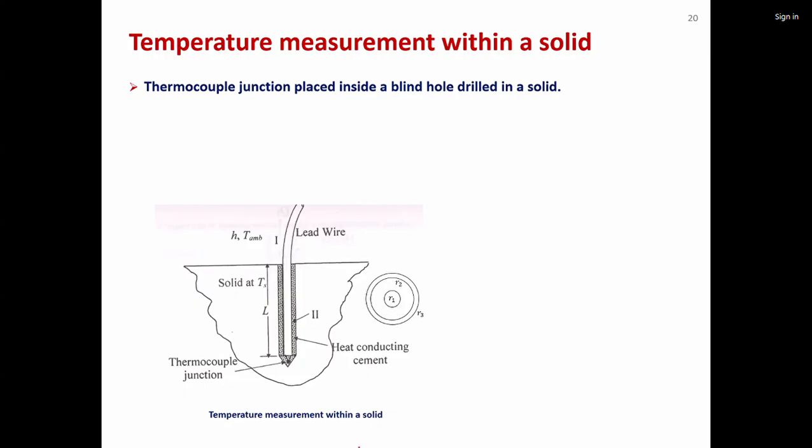Okay, so here the thermocouple junction is placed inside a hole that is drilled in the solid. So basically this is the solid. Okay, here you have drilled a hole with a conical bottom, because when you drill typically you get this kind of feature. And now you basically insert the thermocouple here, because this is where you want to measure the temperature at.